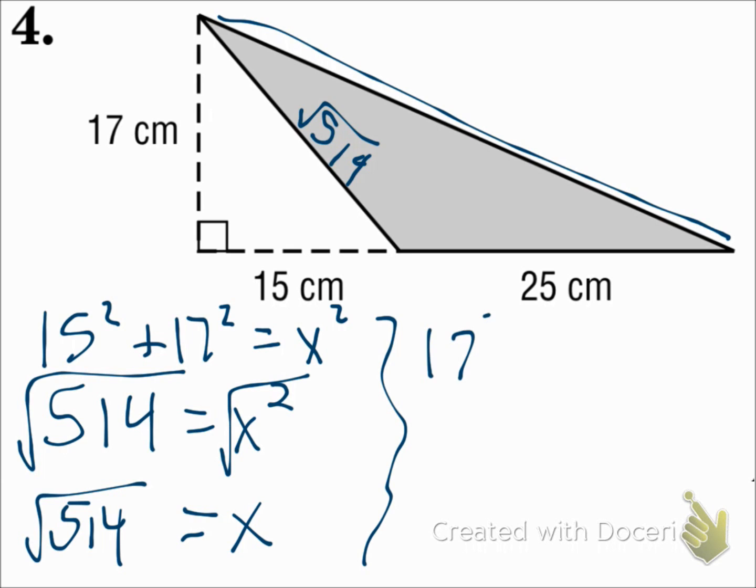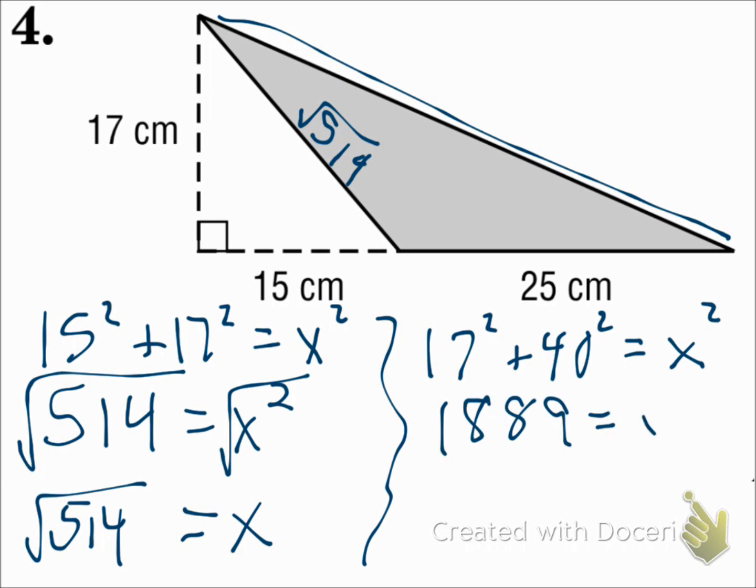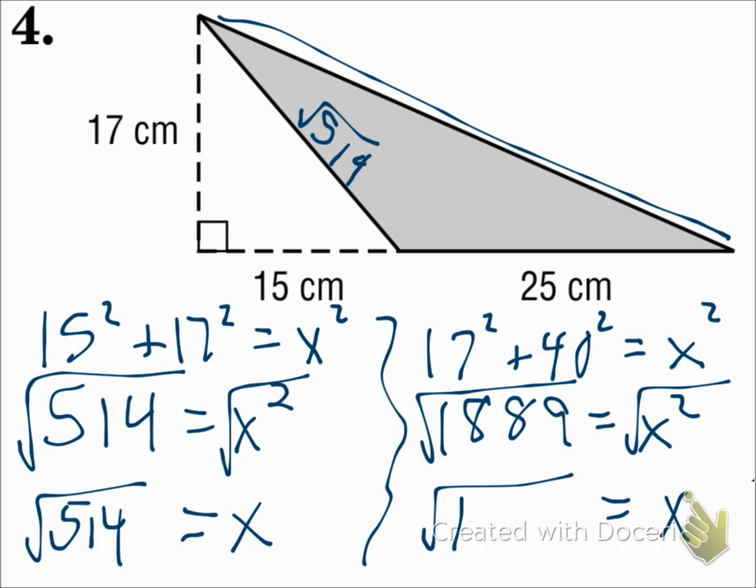One side's 17, the other leg is 40, because you put the 15 and the 25 together, and that equals the hypotenuse squared. That's 1889. Square root each side, and x is the square root of 1889.